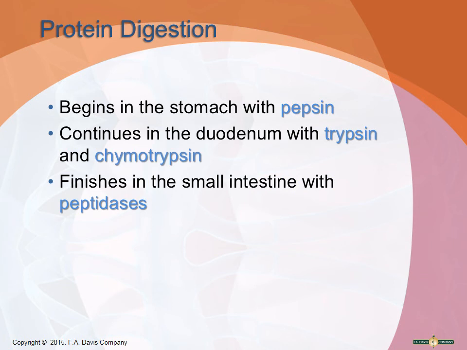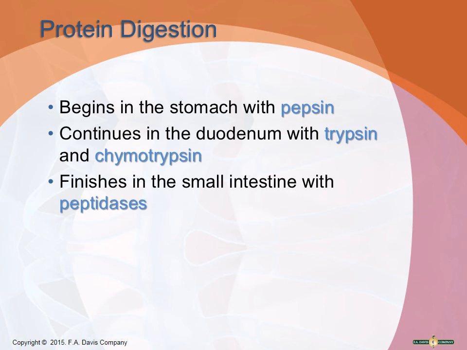Protein digestion begins in the stomach with pepsin. Pepsinogen and hydrochloric acid make pepsin and help break down proteins. In the duodenum, trypsin and chymotrypsin are the enzymes that come from the pancreas and will continue breaking down proteins.